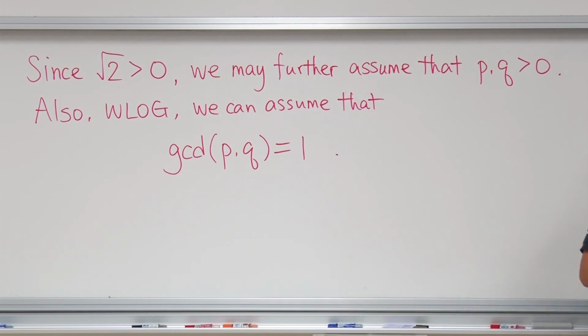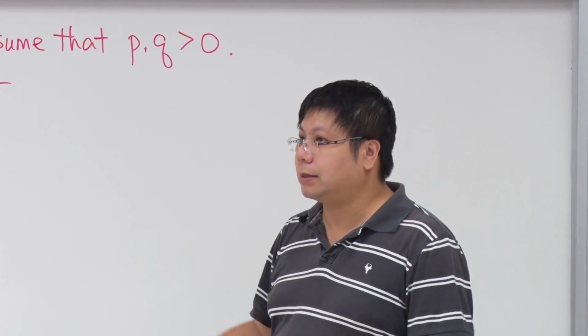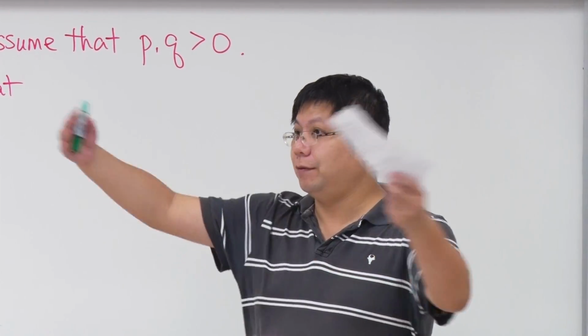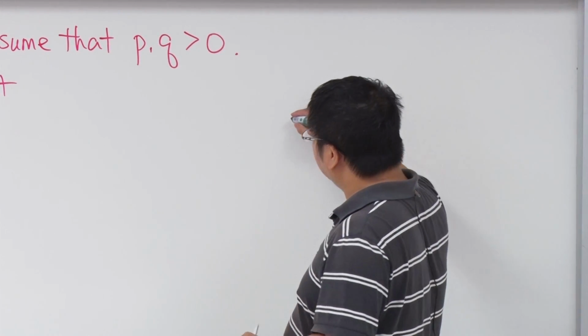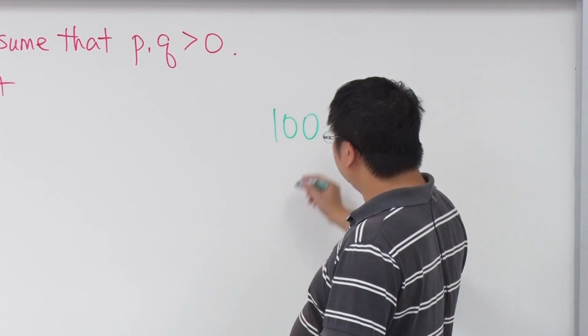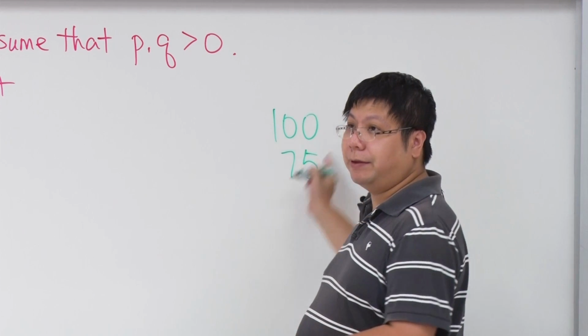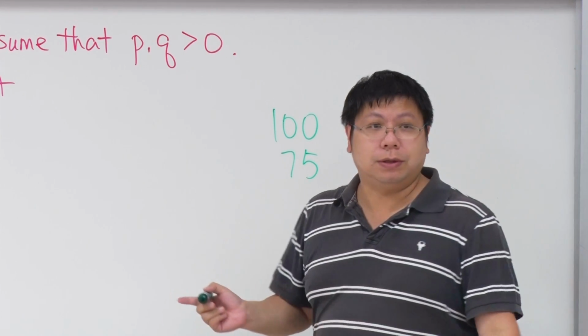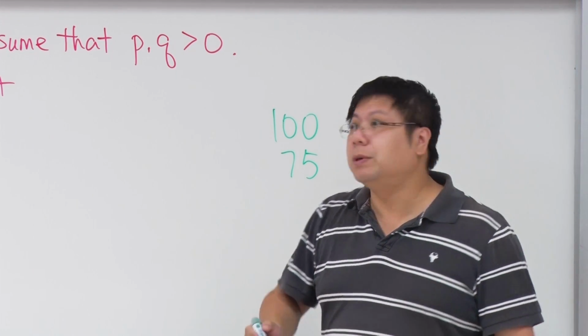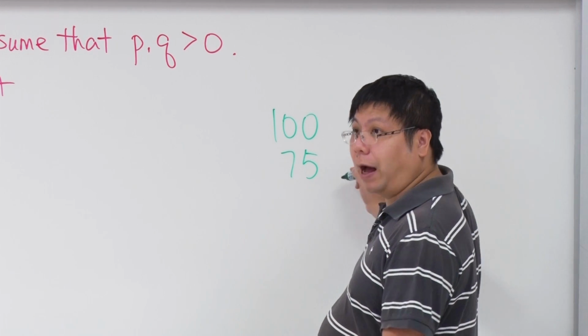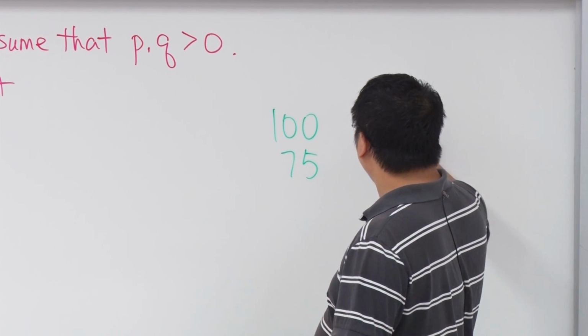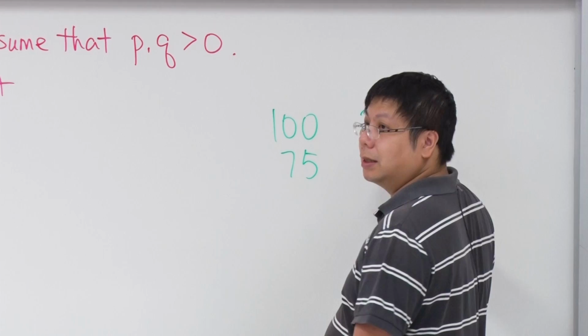For instance, let's say p and q have some common divisor, 5. Let's say p is equal to 100 and q is equal to 75. So there is a common divisor of 5, right? Then what can we do? We can divide them by 5, right? So we get 20 and 15. Am I correct?